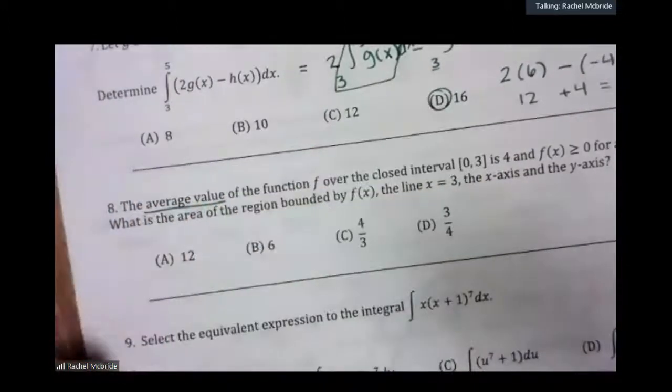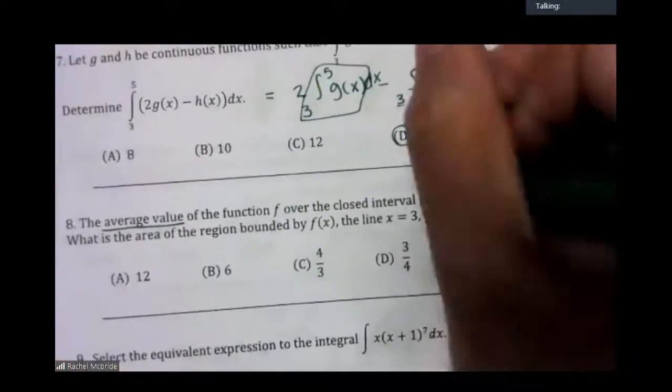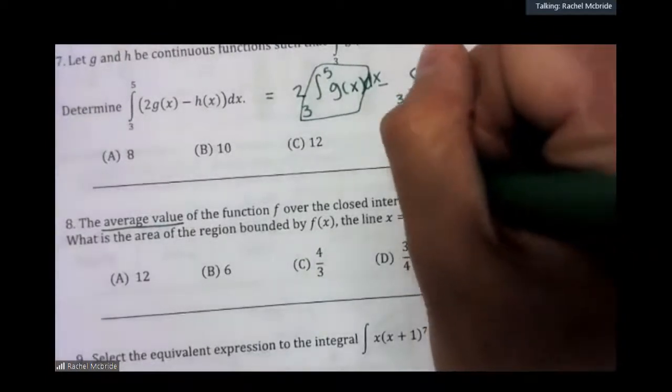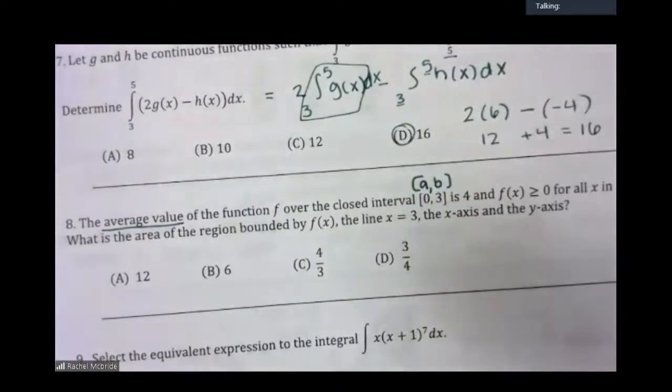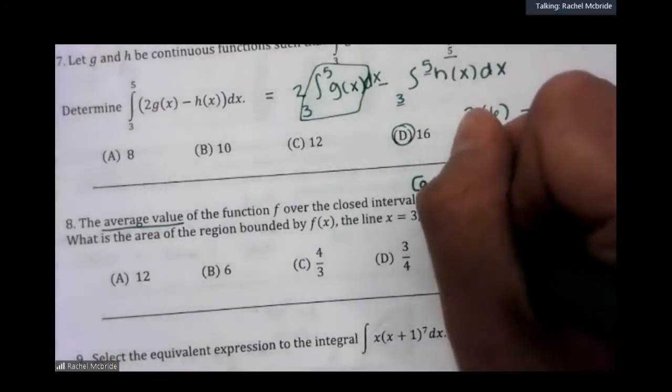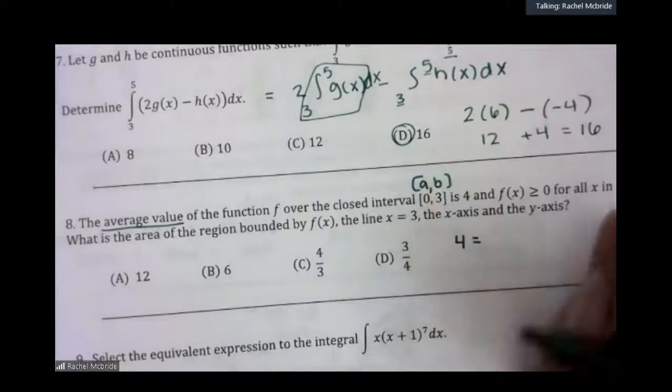So the minute I see average value, I am thinking I am dividing. I am finding an average. Here's my A, here's my B. So the average value of the function is 4. So it actually gave me my value.